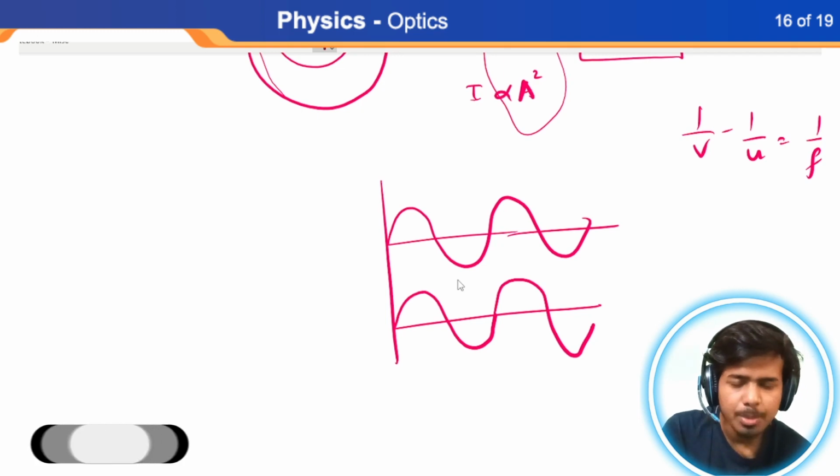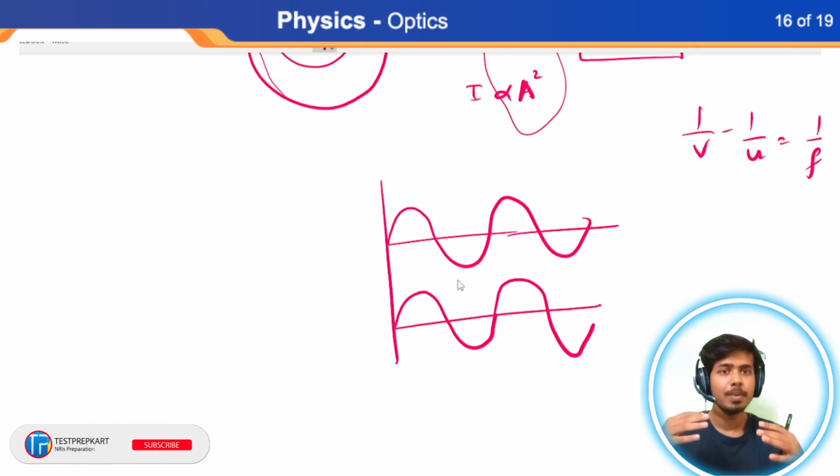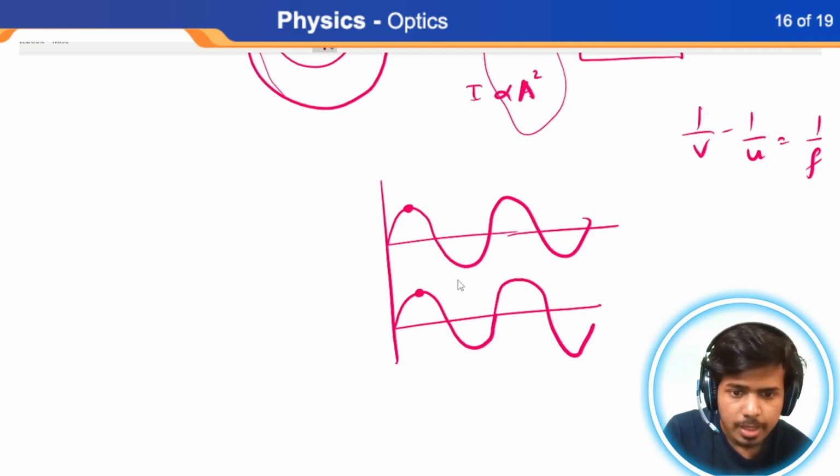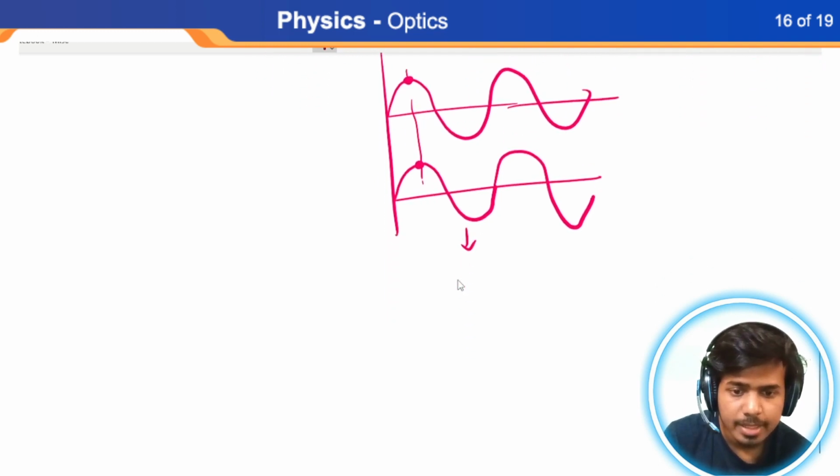Then if you add them up, these two waves meet each other, and all the points above here are in phase. Now the resultant of them will look something like this.